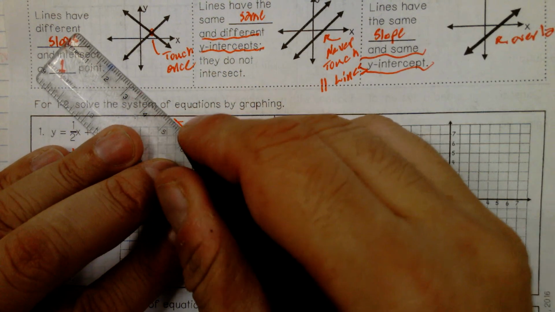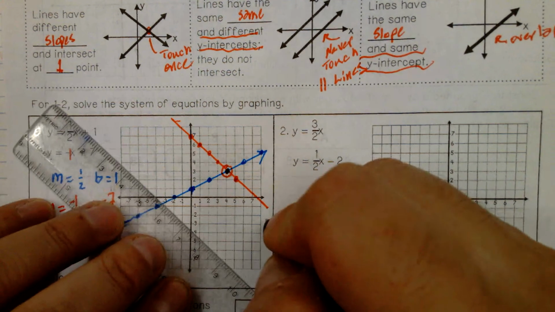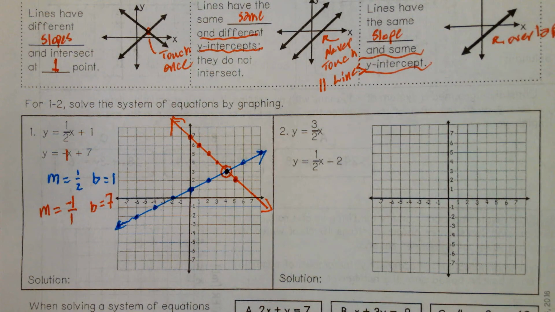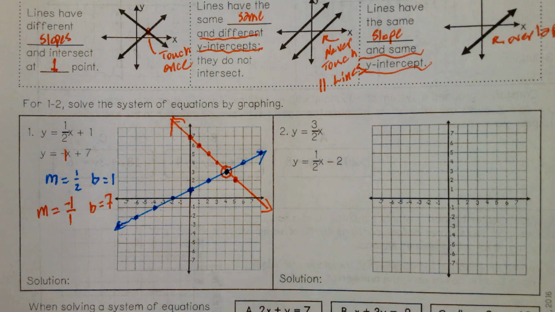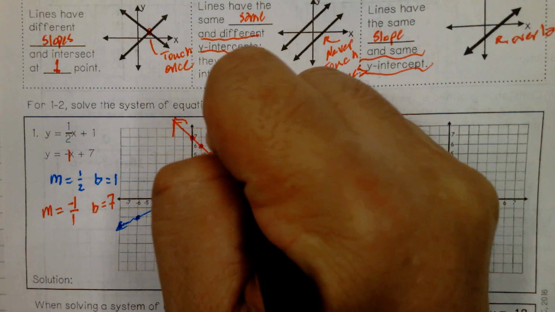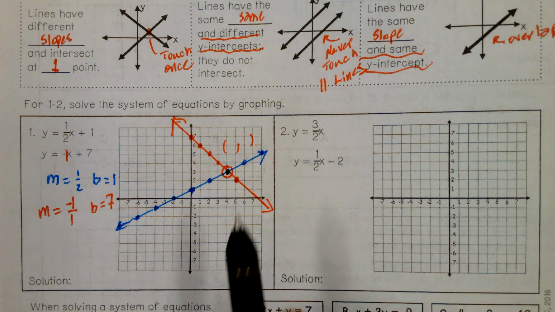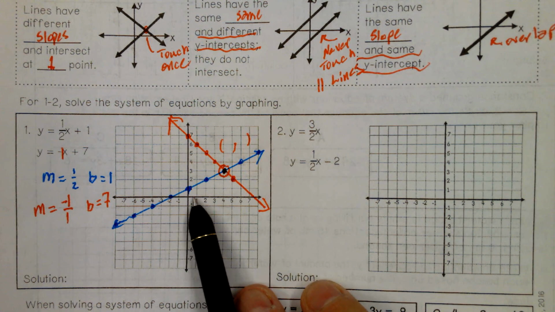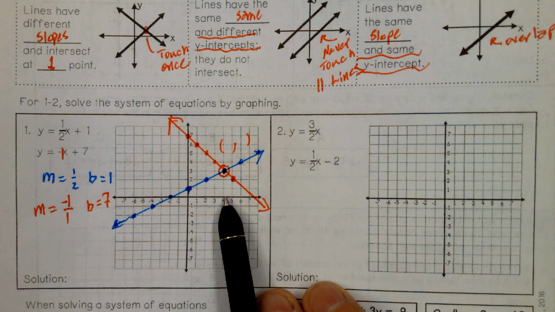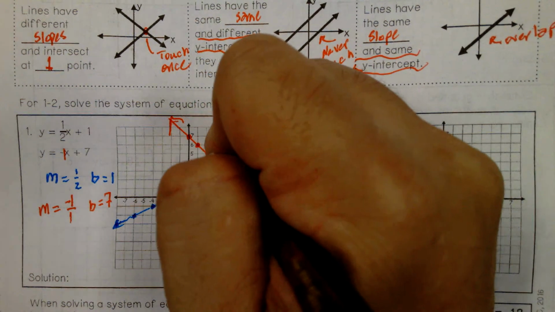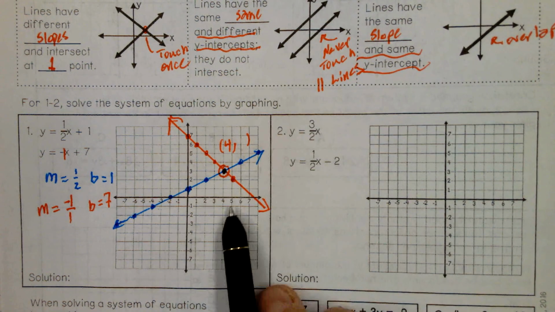Okay, so we just solved basically our first system by graphing. We just have to figure out the coordinates. So we have to figure out the x and the y number. So I'm going to start at 0, go over on the x-axis. I go to 4. So the x number is 4.